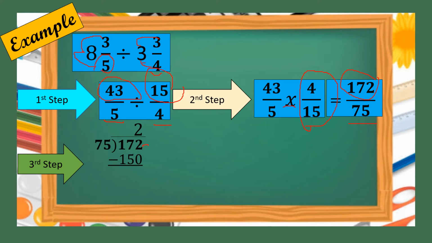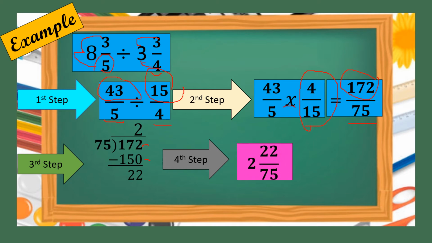So 172 minus 150 equals 22. So for our fourth step, write 2 in the whole number, the remainder 22 as the numerator, and then 75 as the denominator. So the answer is 2 and 22/75.